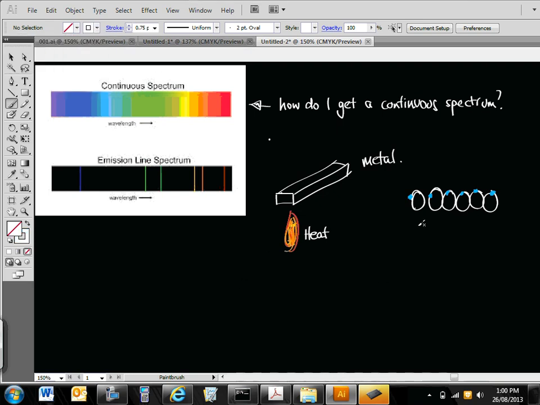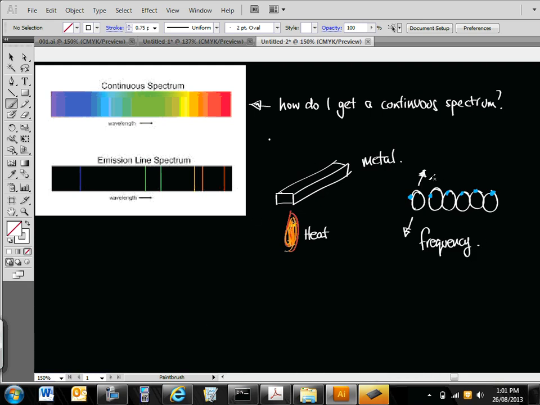And we also know that they vibrate backwards and forwards, and they've got spin and all sorts of stuff. When we add heat to it, we cause the energy levels in these atoms to increase, and therefore their vibrations increase, and their vibrations, of course, have a frequency.